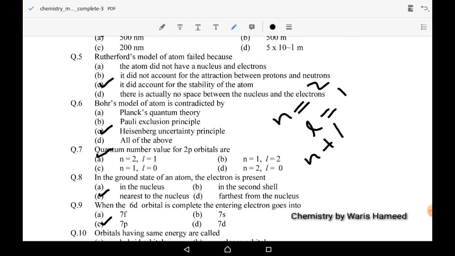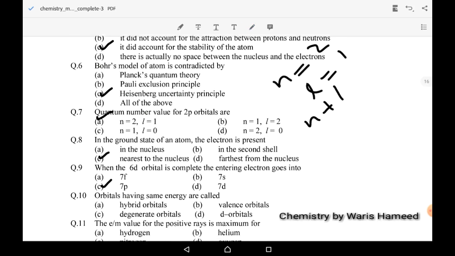In 6d, 6 is the principal quantum number, and s, p, d and f are azimuthal quantum numbers, which have different values. S has 0, p has 1, d has 2 and f has 3.